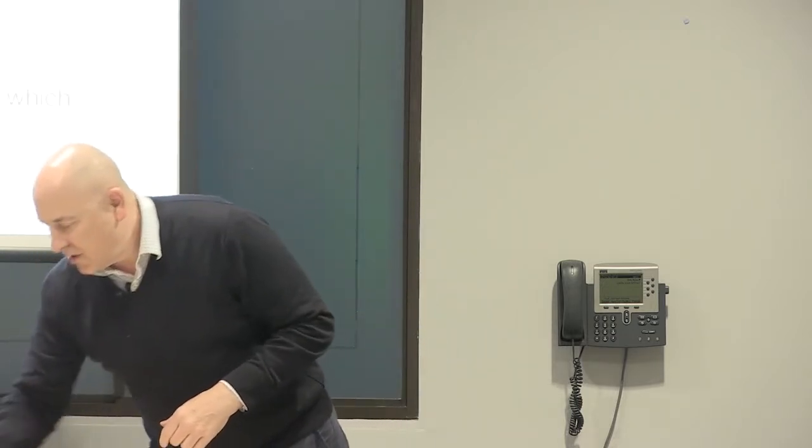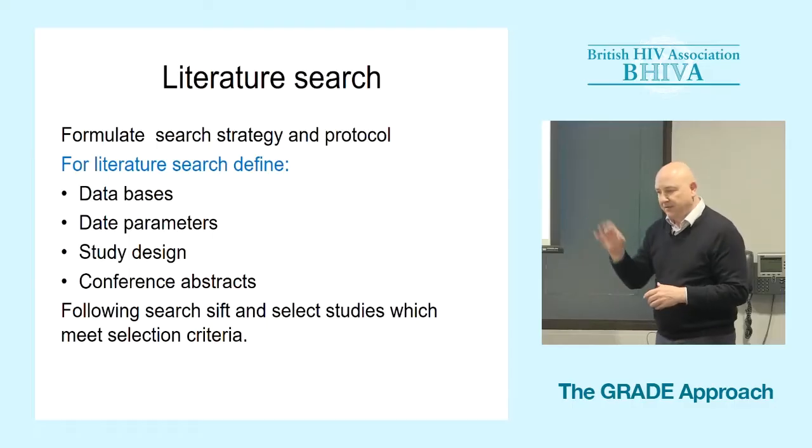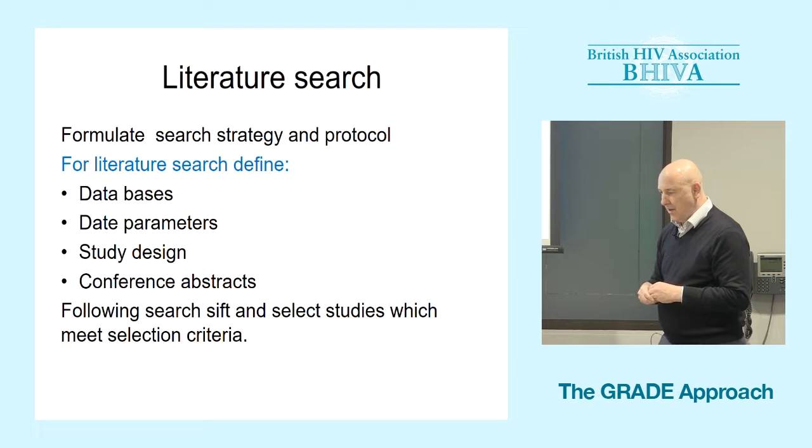For each of the outcomes, what formal GRADE does, and we don't have formal GRADE for everything we look at, is generate an estimate of effect for each of those outcomes. So that's basically defining your PICO criteria and your outcomes.